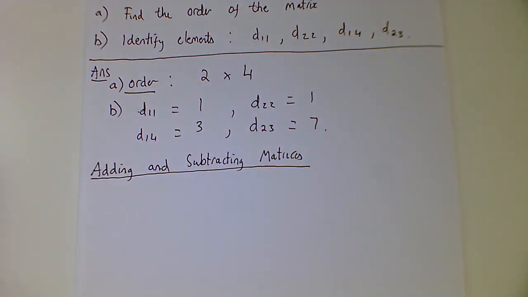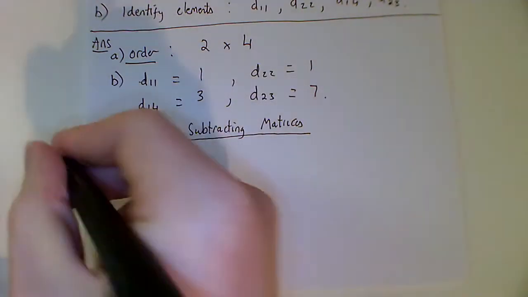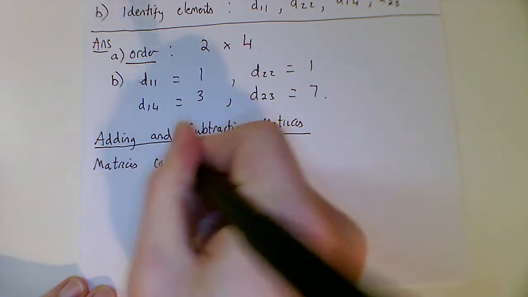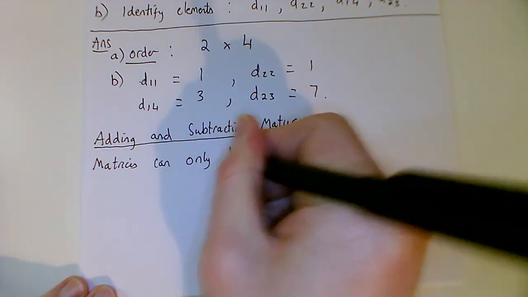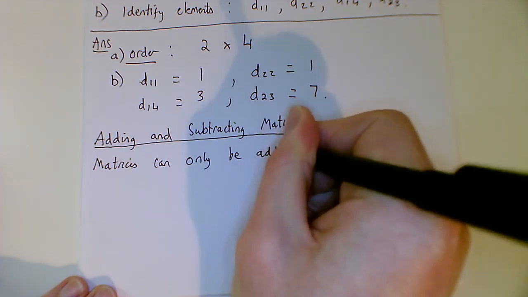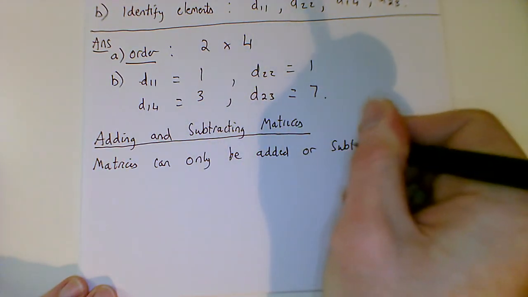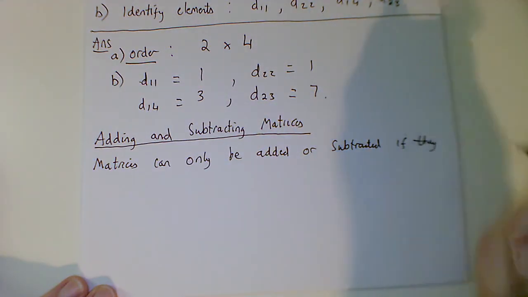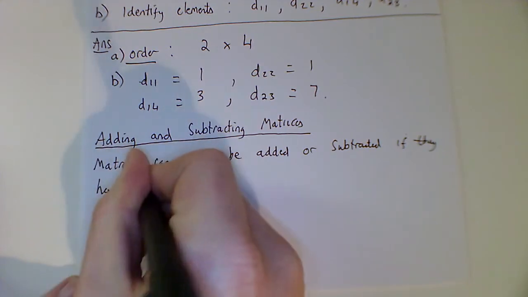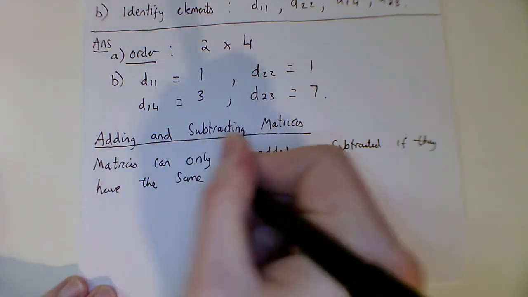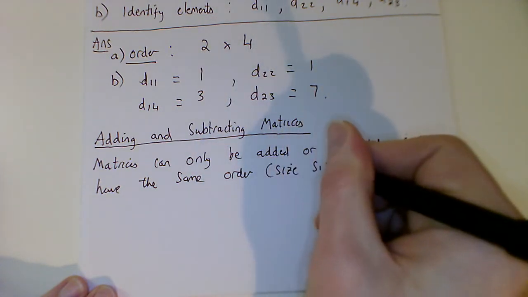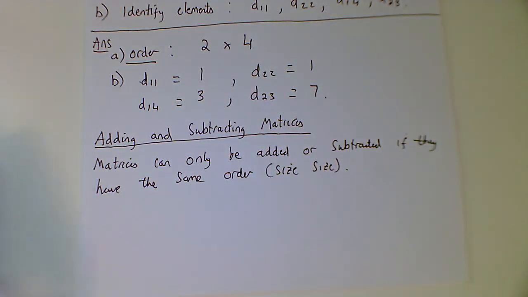Okay, so let's look at this next bit, adding and subtracting matrices. Matrices can only be added or subtracted if they have the same order. All that means is that they're the same size.